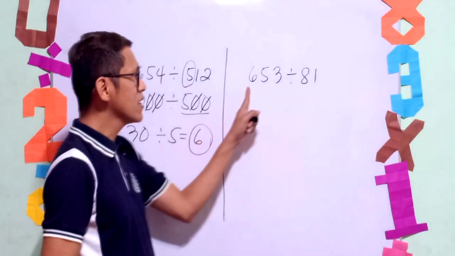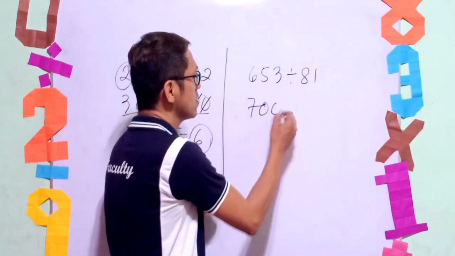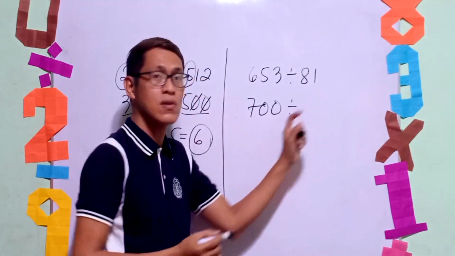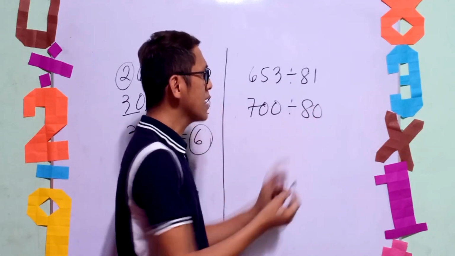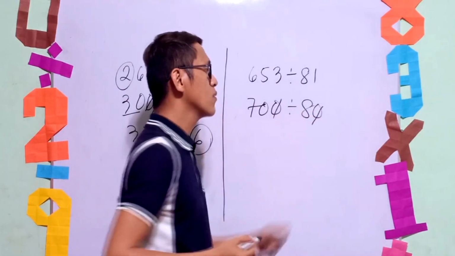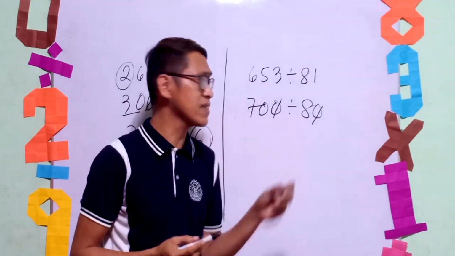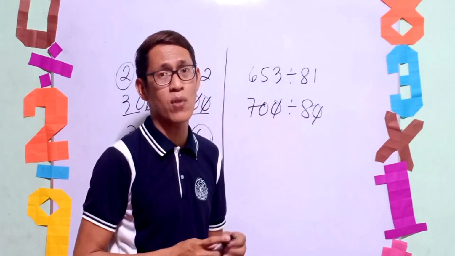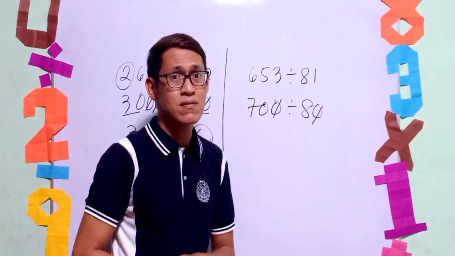Let's round off. Highest place value, this will give you 700 divided by, this will give you 80 rather. Now if you cancel 1 zero here and 1 zero here, 70 divided by 8, they are not compatible numbers because when you divide them, there is a remainder.